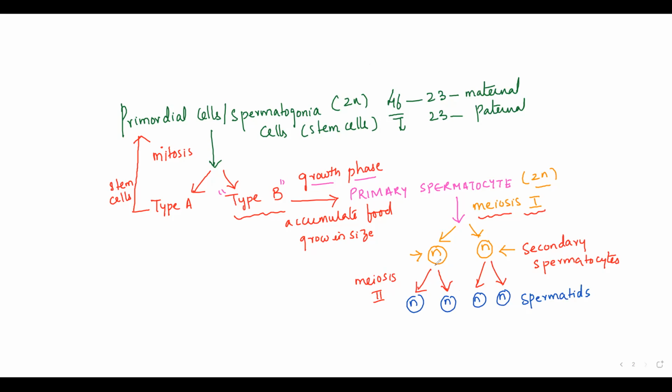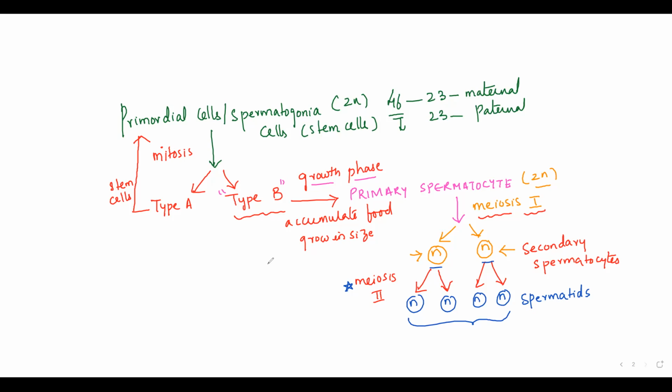If anywhere you see two haploid cells giving rise to four haploid daughter cells, remember that division will surely be meiosis 2, and we are forming at last the spermatids.